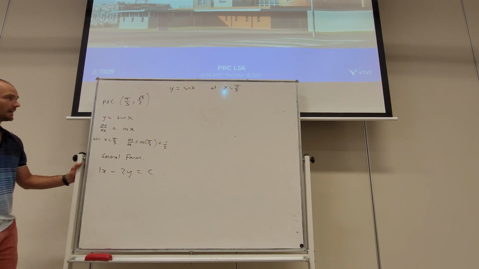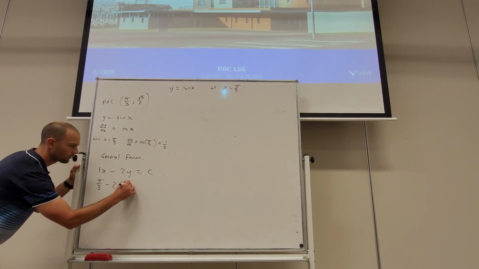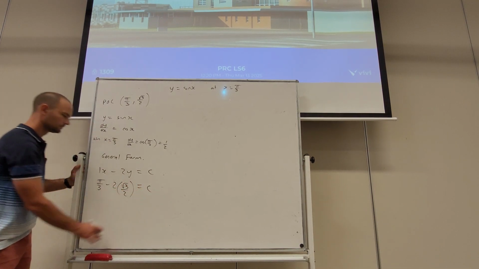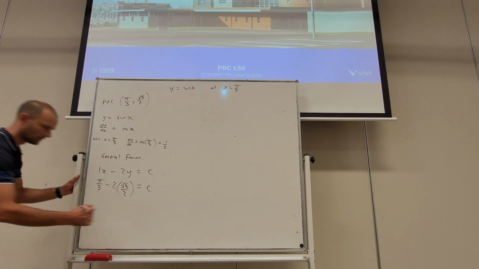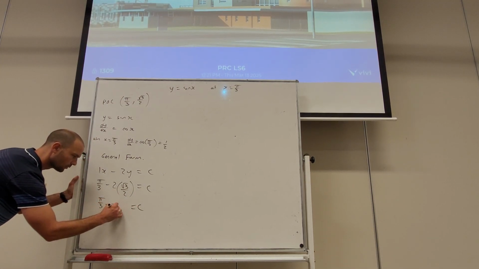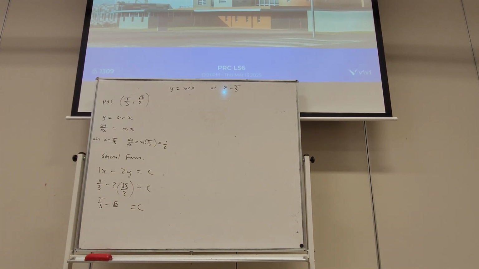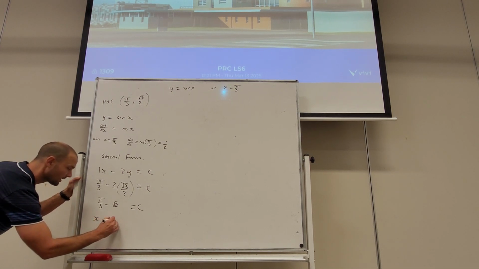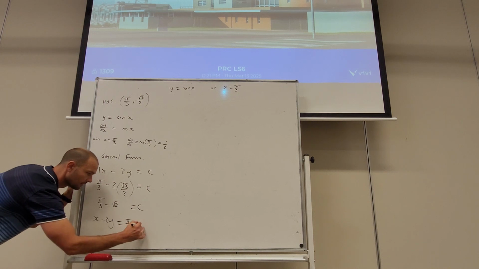We have x is pi on 3 and y is root 3 on 2. And so this will simplify to be pi on 3 take root 3. So therefore the equation of this line in general form is x take 2y equals pi on 3 take root 3.